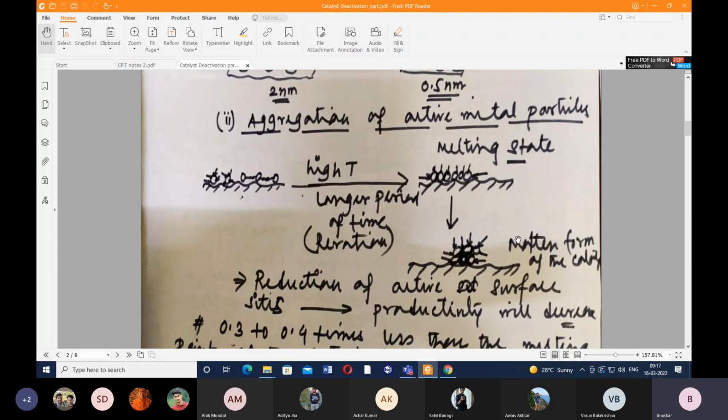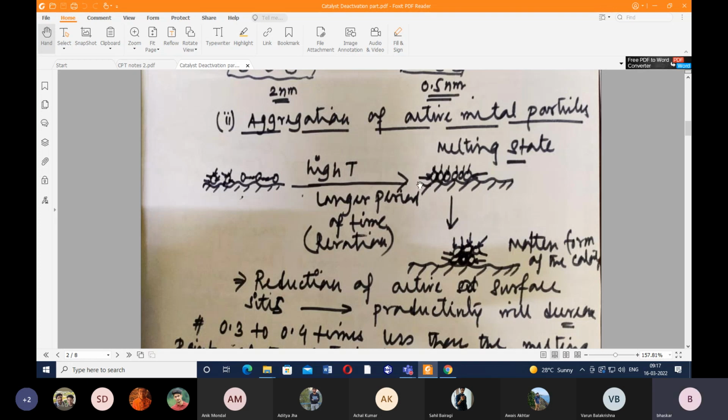Is this understandable to all of you? Initially we started with this. We assume that all the active metal particles are equally spaced, or evenly distributed. But as time progresses and we carry out this reaction at a very high temperature, let's assume around 750 or 800 degrees Celsius.